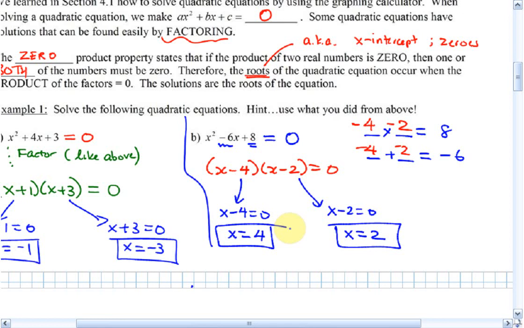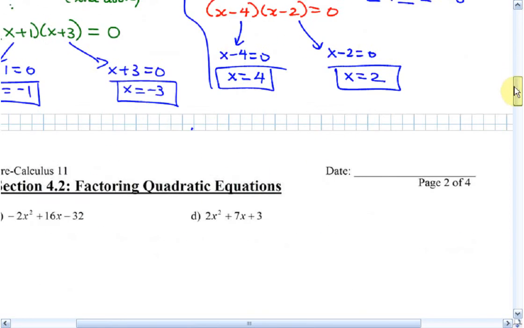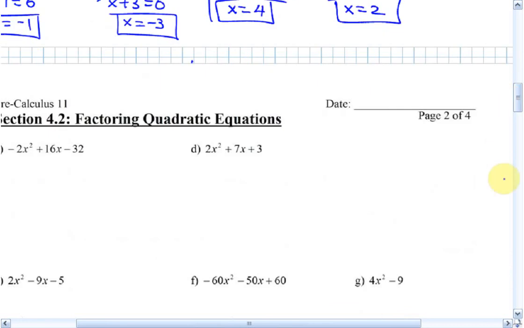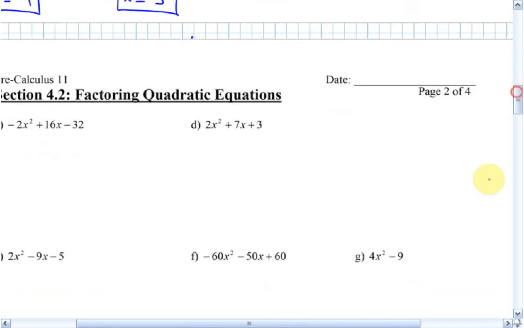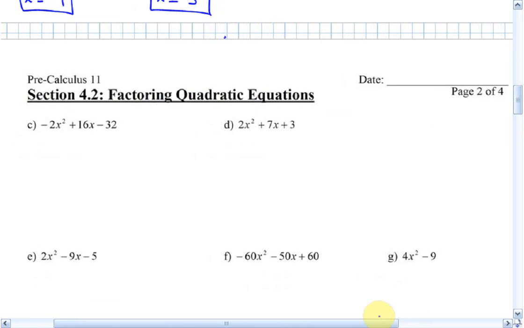And I guess I have C, D, E, F, G for you to try. And look at this. They're all the same questions as above. So go ahead and just copy down what you got from the first page and then solve. By the way, make sure you put equal to 0 on all of these, please. Now, to help you out, instead of flipping back and forth, why don't I do this for you?